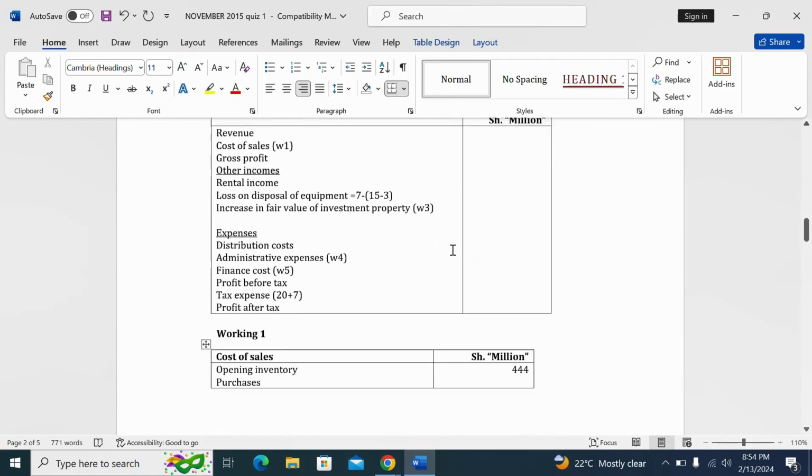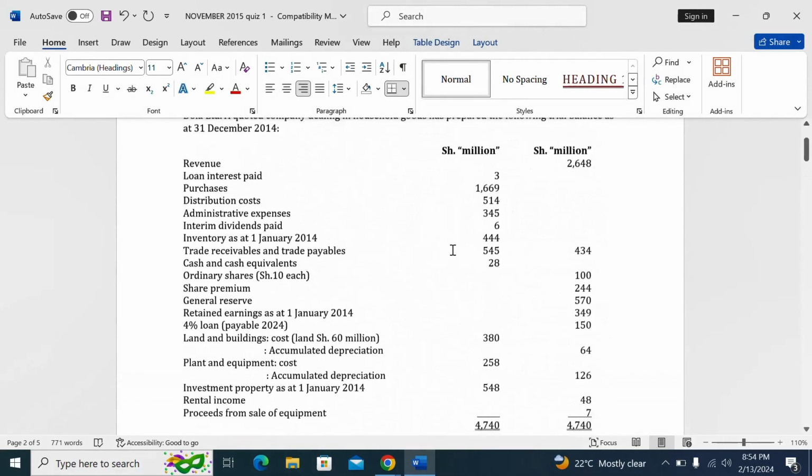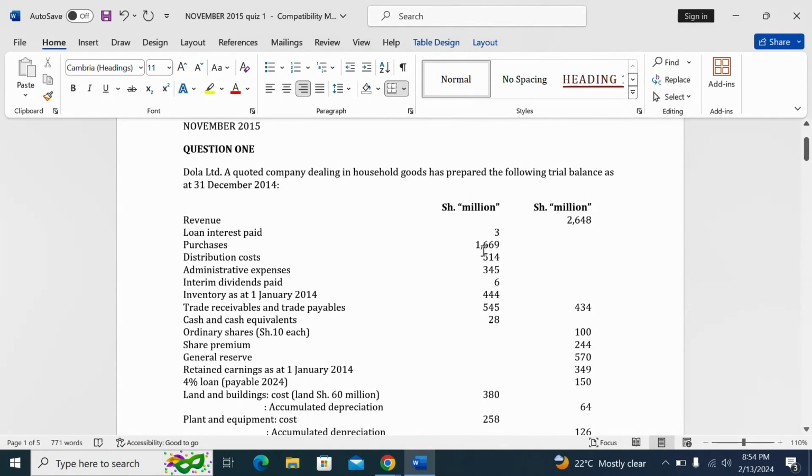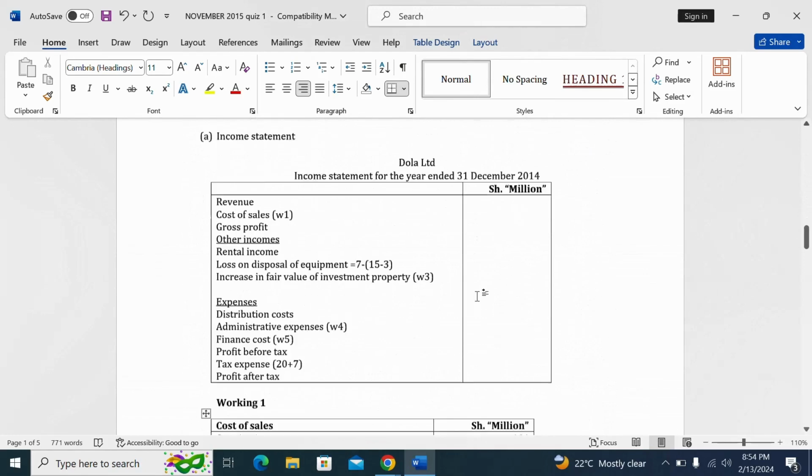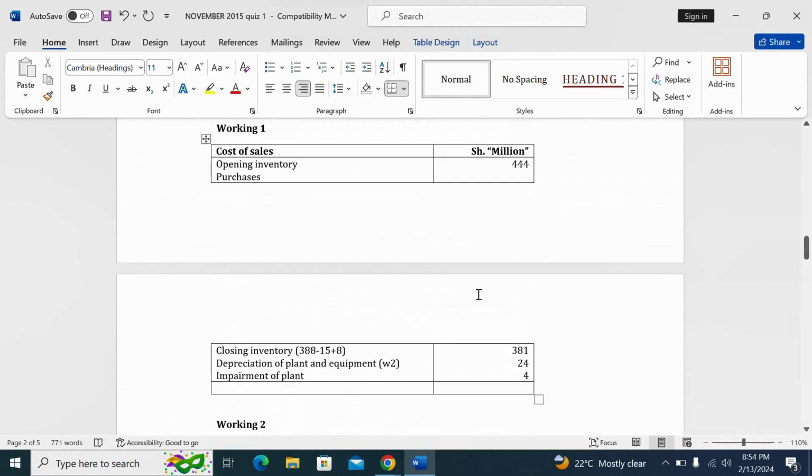How much is our purchases from the trial balance? It is 1669. Our closing inventory we had calculated, depreciation we had calculated, impairment of plant was given. If we do that, we are going to get our cost of sale.